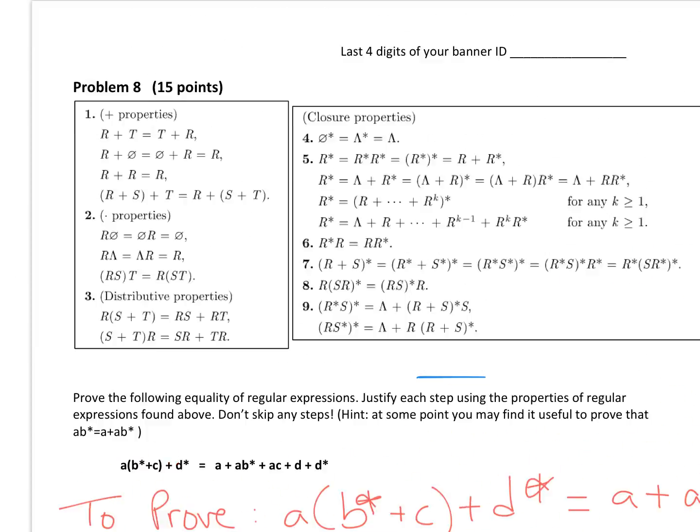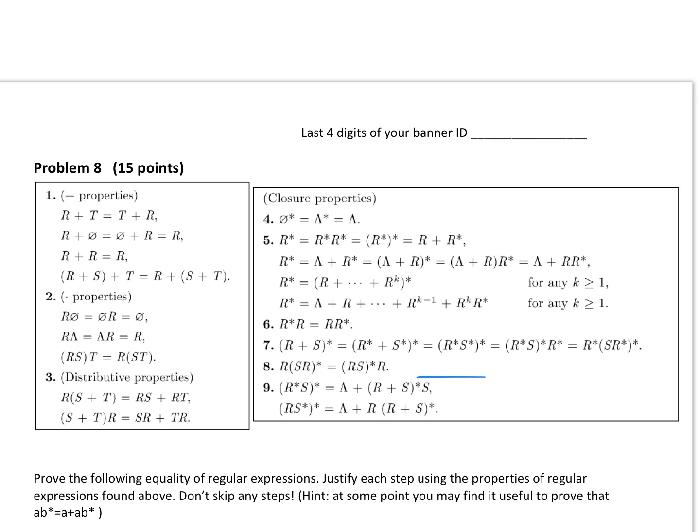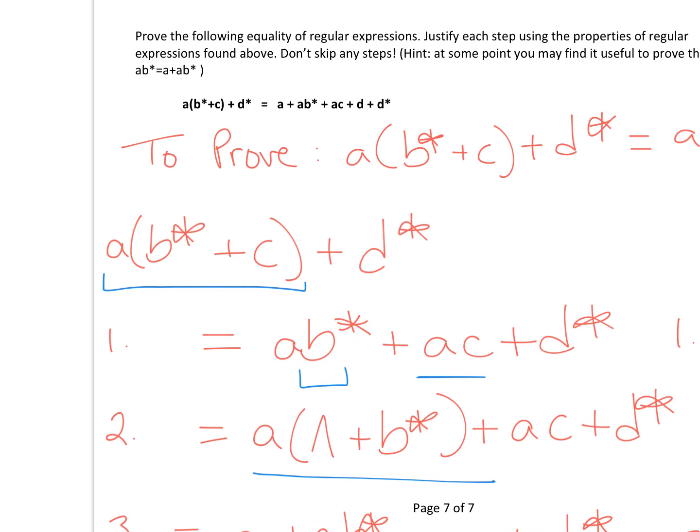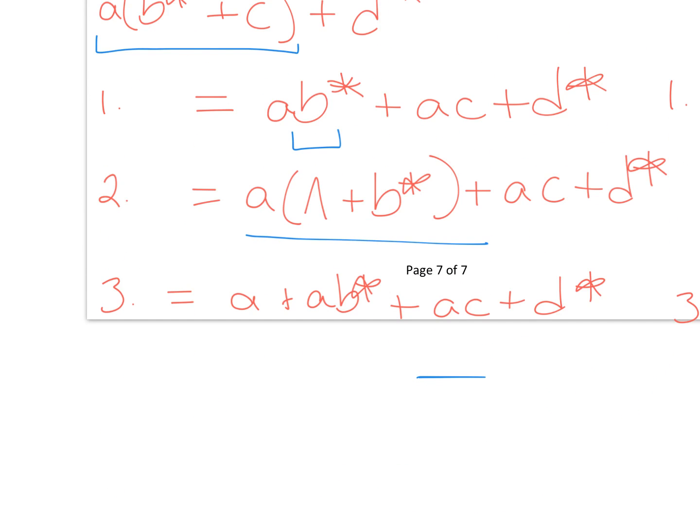So we can go back down. So that was 5-1, and then we had to say R star equals R plus R star. So let's go back down here. Okay, so our line 4 is going to be that the thing above equals A plus AB star. And just to make it clear, you don't have to underline this in your proof, but I think it's clearer when you're watching me do this which part I'm changing.